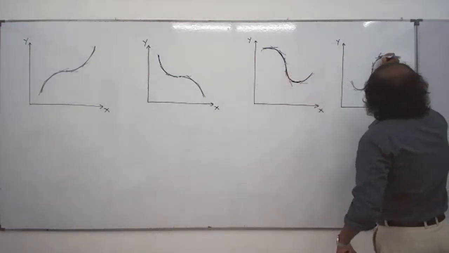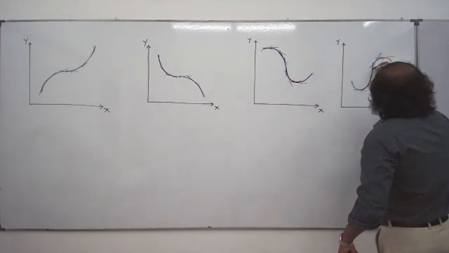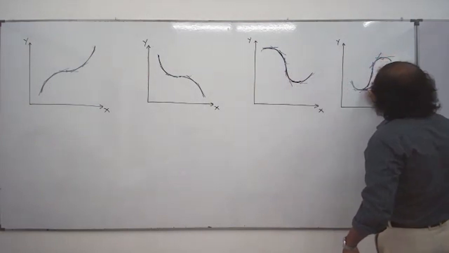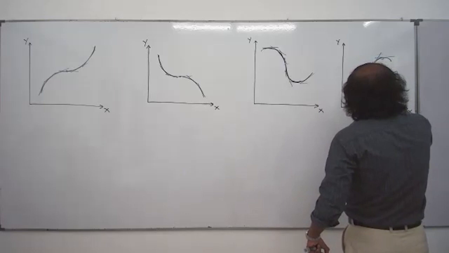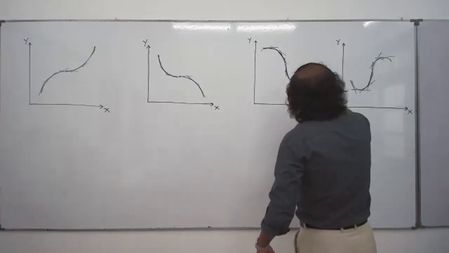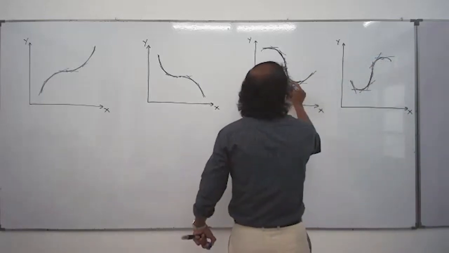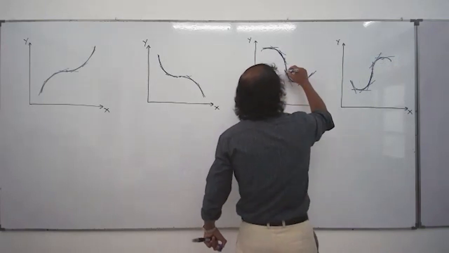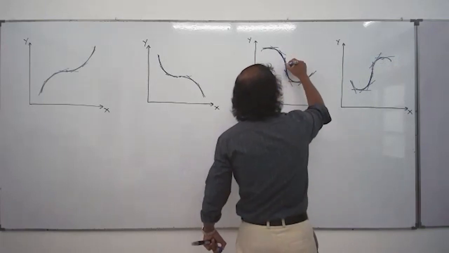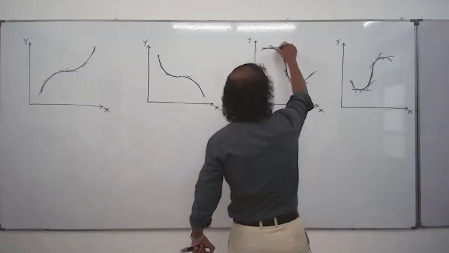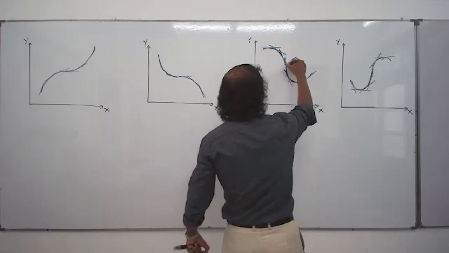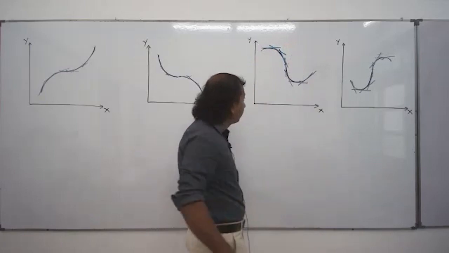These are the tangents. So therefore, people, the way of defining the point of inflection is the point where the concavity of a graph changes.